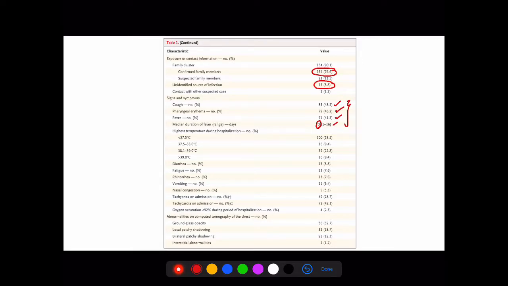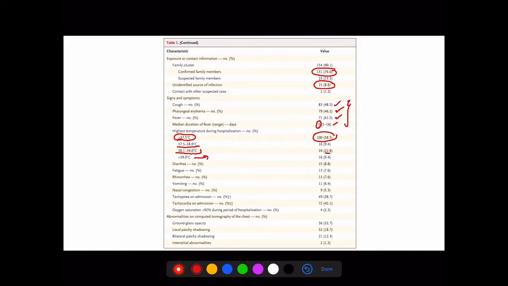Now, again, an interesting thing is that of those who were hospitalized, 58.5% had a fever of less than 37.5. So they were not febrile in hospital. 9.4% had a fever ranging between 37.5 to 38, and 22.8% had a moderate fever, 38.1 to 39, and only 9.4% had a high fever of more than 39.